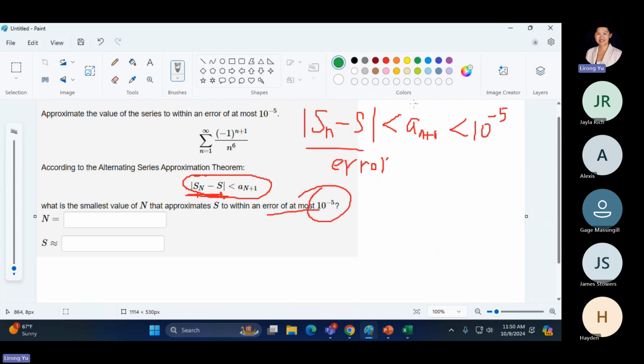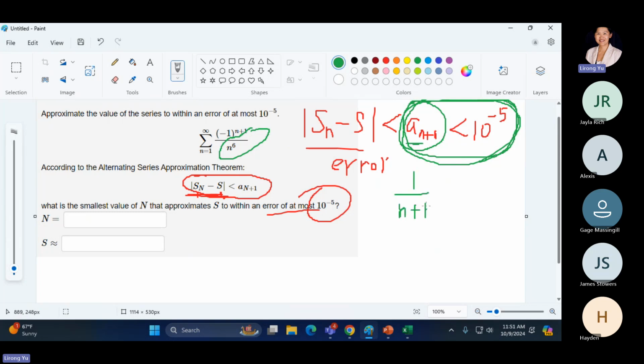So now we can find a way to write aₙ₊₁. This equation is what we're going to work on for error control. So aₙ is 1 over n to the 6th power in the denominator. So aₙ₊₁ will be 1 over (n+1) to the power 6.